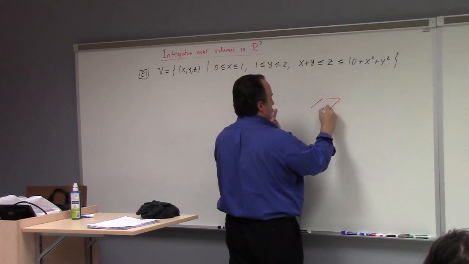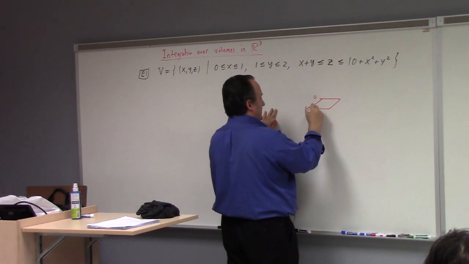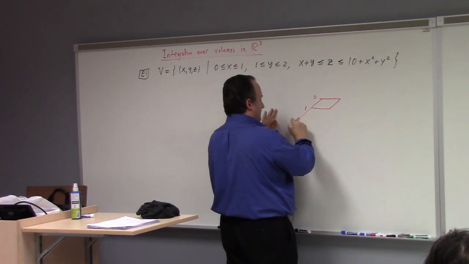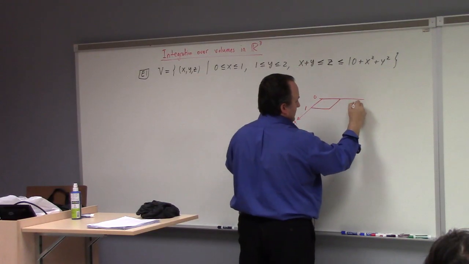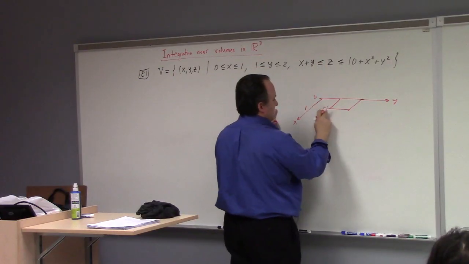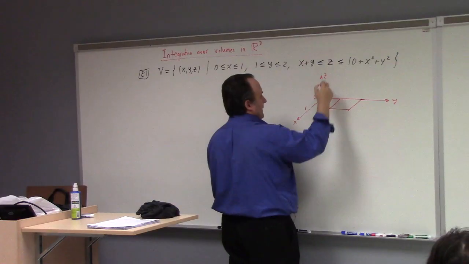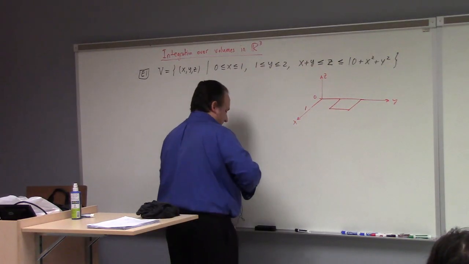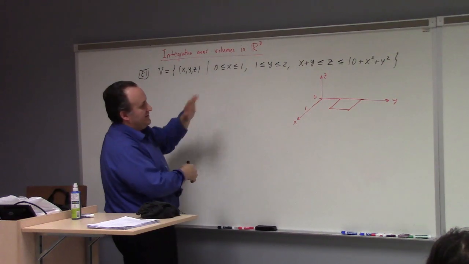So we've got basically here's 0, 1, in the x direction. And, my bad, let me put it over here. Here's y. So it's over here, right? That's just where x and y range over, right?